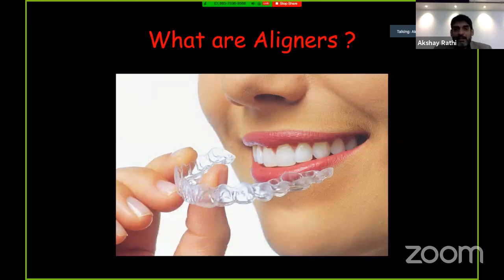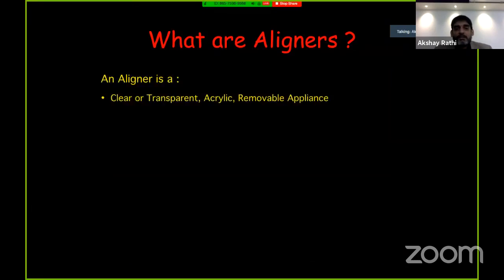What are aligners? An aligner is a clear or transparent acrylic, or if I would give you the technical name, it is PET, polyethylene terephthalate, removable appliance.